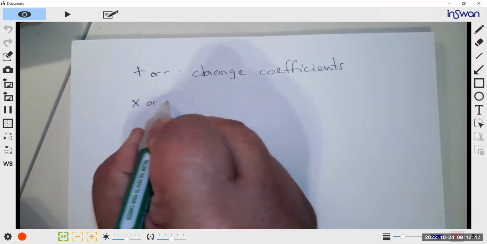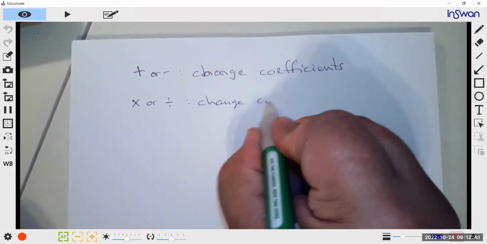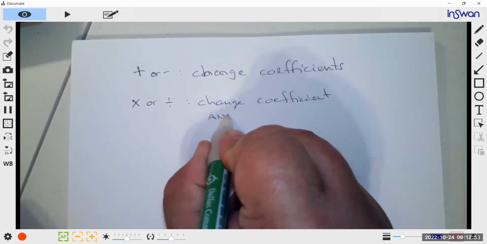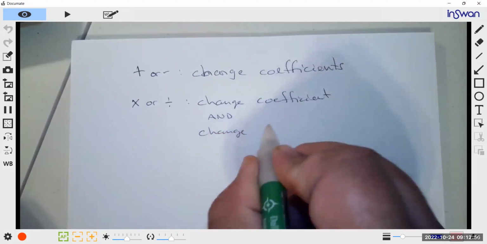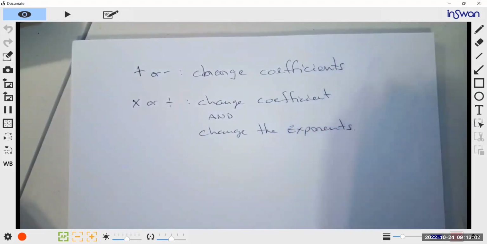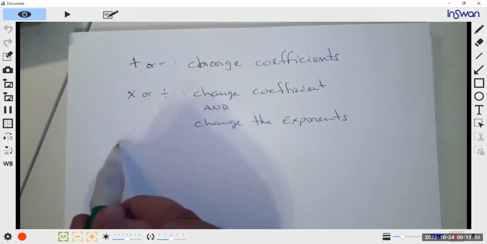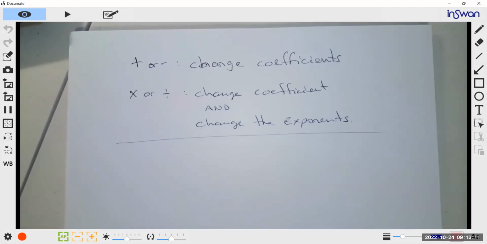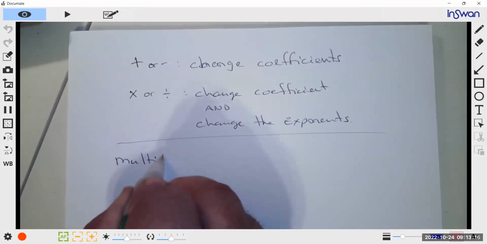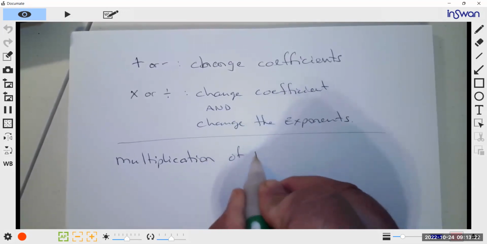When you multiply or divide, you change the coefficients and you change the exponents. So let's look at multiplication of polynomials.